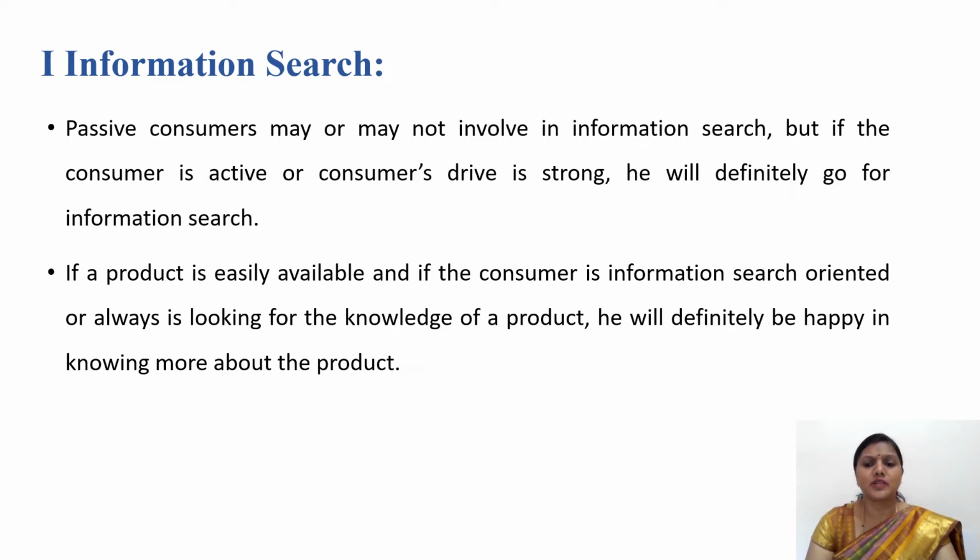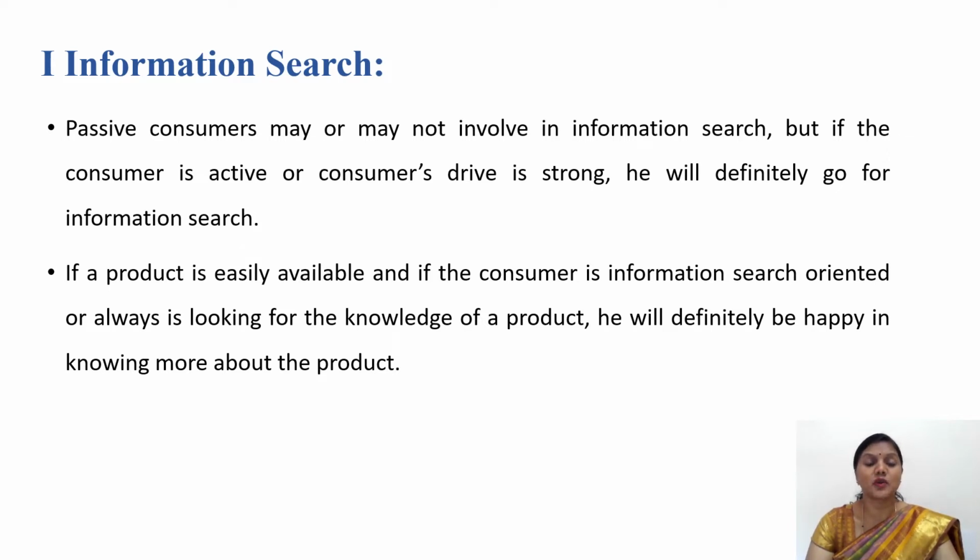But some consumers may try to identify the changes in the product and he will try to search for the information. This will happen particularly if he is purchasing products by paying more price, durable products or prestigious products.